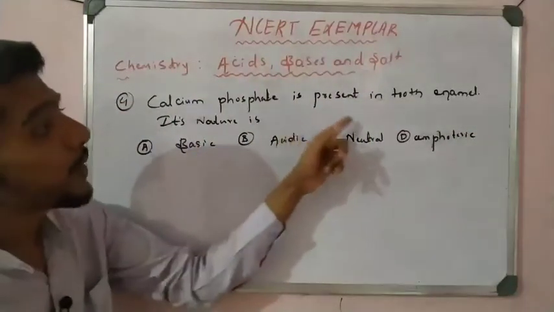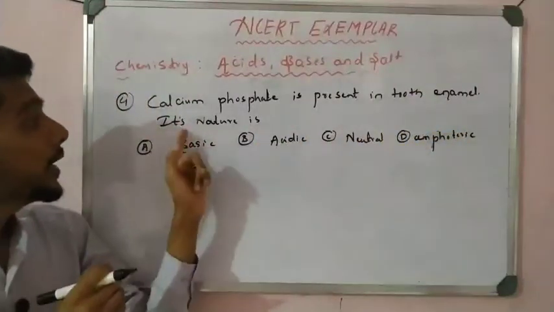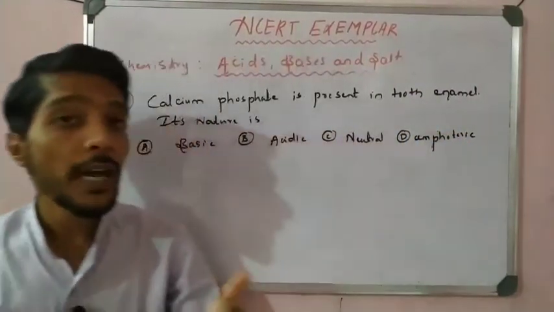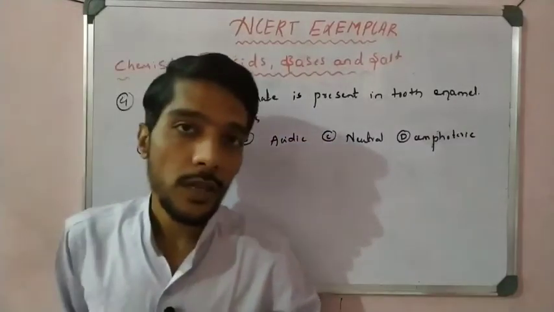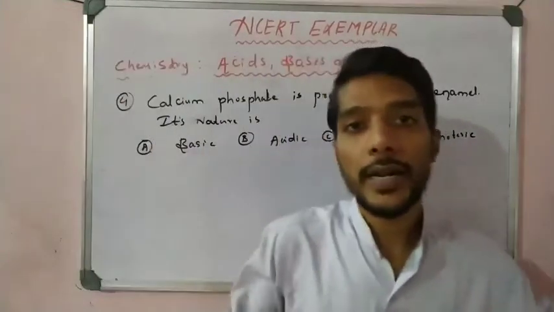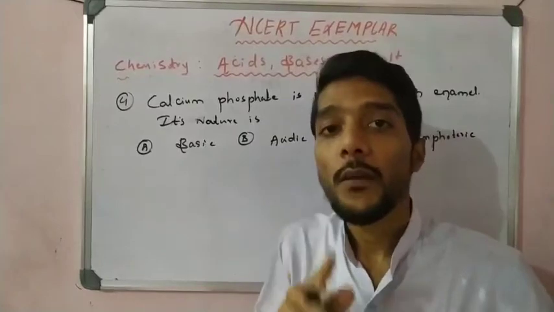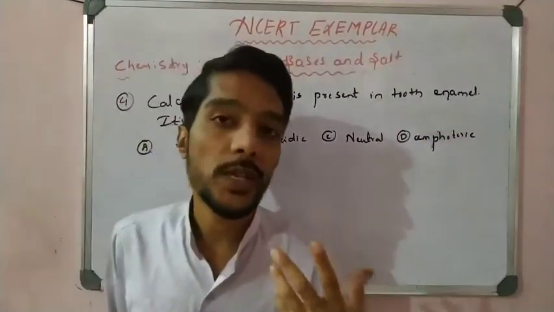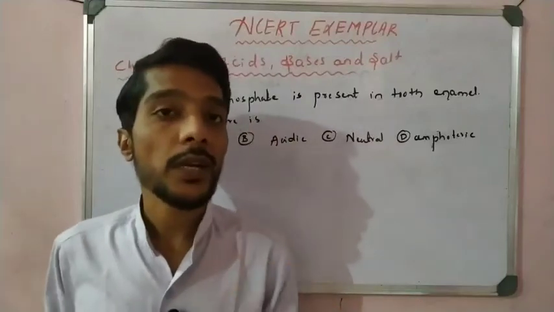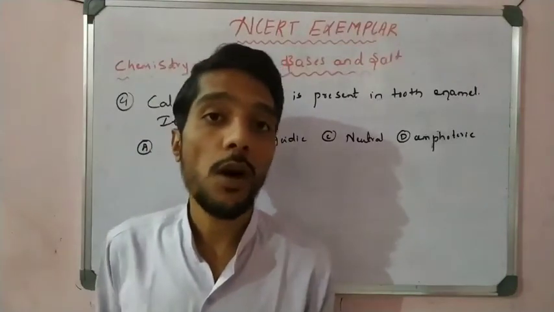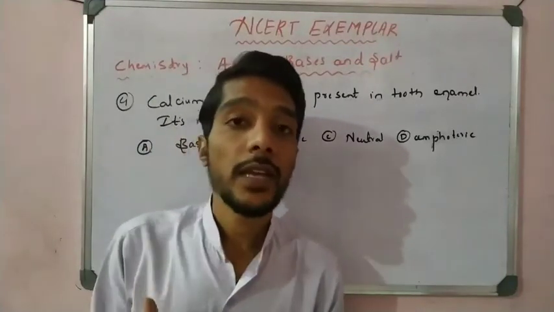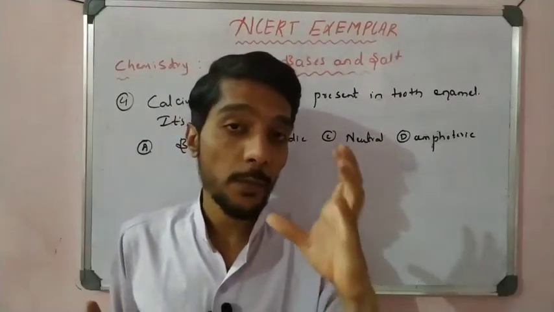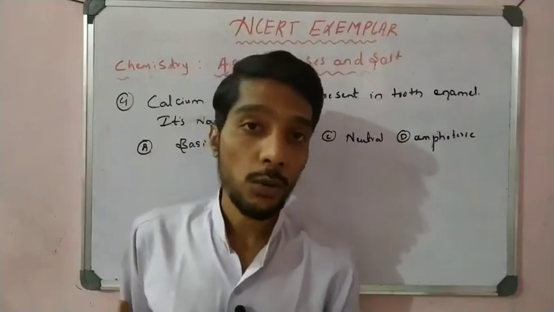Calcium phosphate is present in tooth enamel. Its nature is, so we know that tooth enamel is a very hard substance, but it is corroded and decomposed when it reacts with acid, which is formed by the decomposition of food present between the teeth. That is why after eating we drink a lot of water and brush, to neutralize the acid in our mouth, the buccal cavity.